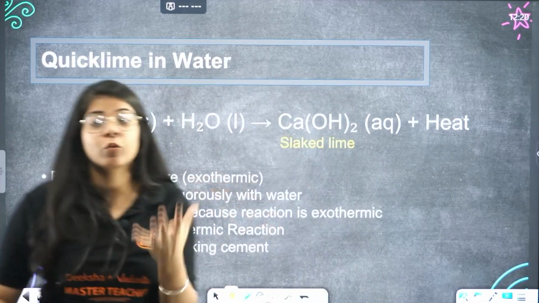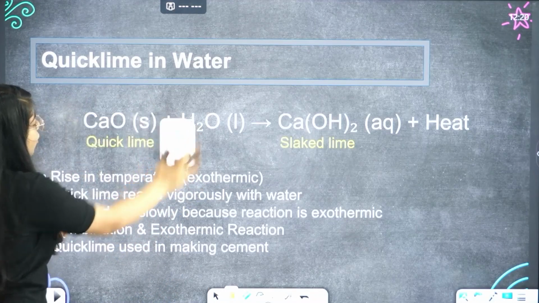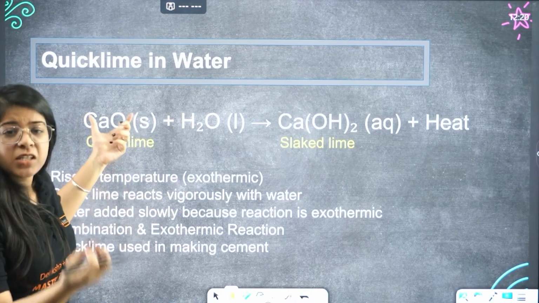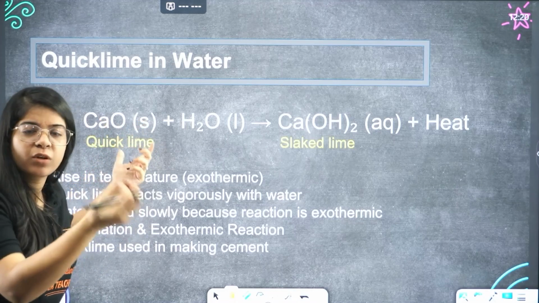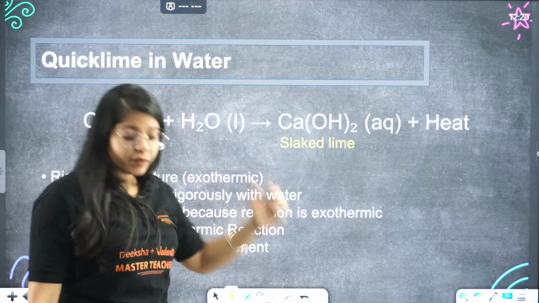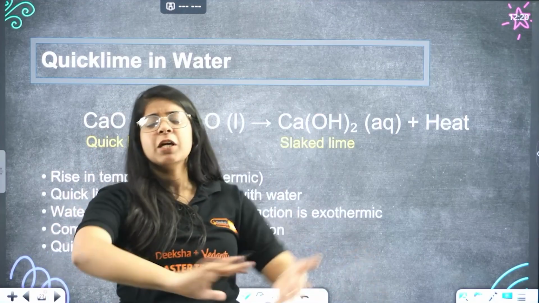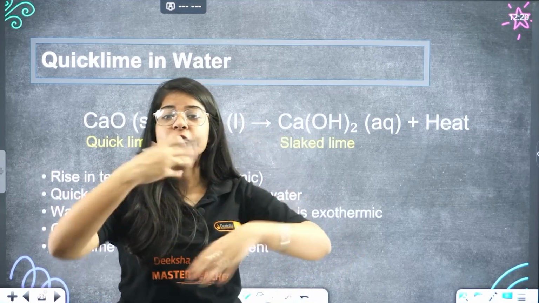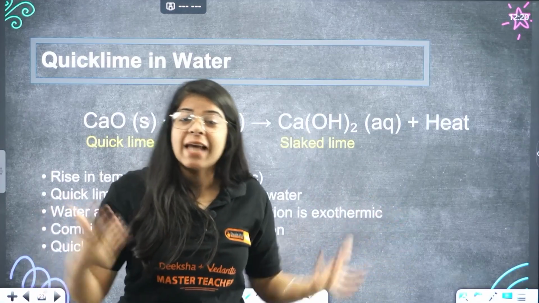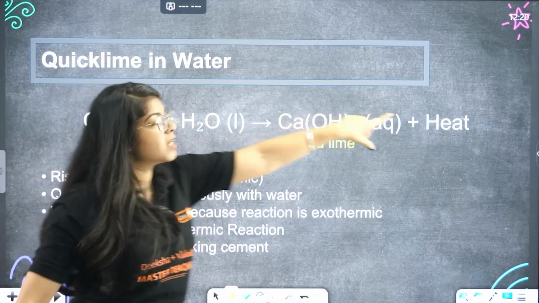What is that? Quicklime. That is what? Calcium oxide, CaO. Now CaO is obviously solid in the powder form. We call the powder form as solid only. Okay. When you combine it with water, they take it in a bucket and they put water in it and they keep it away because lots of heat, lots of fumes come out of it. That is why when calcium oxide reacts with water, it gives us heat.